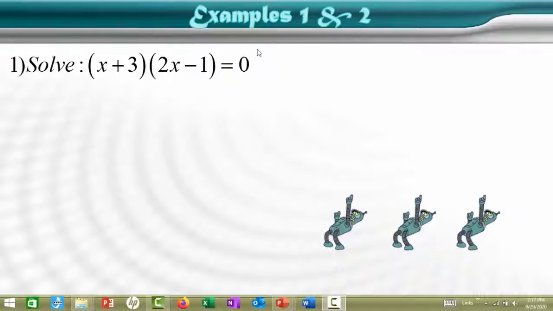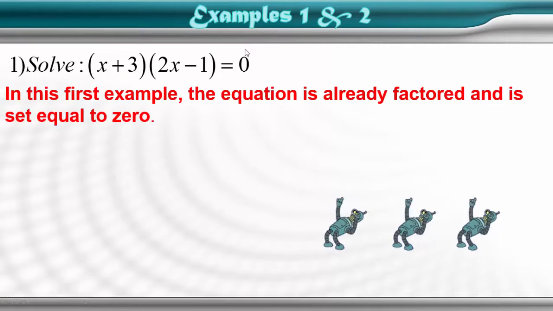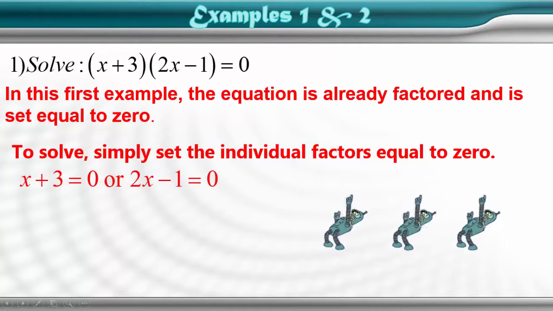Reviewing what we did on the whiteboard, in this first example, the equation is already factored and it is already set equal to 0. To solve, we simply set the individual factors equal to 0. So each individual factor, the first one is x plus 3, and the other one is 2x minus 1, and we set each of these equal to 0.